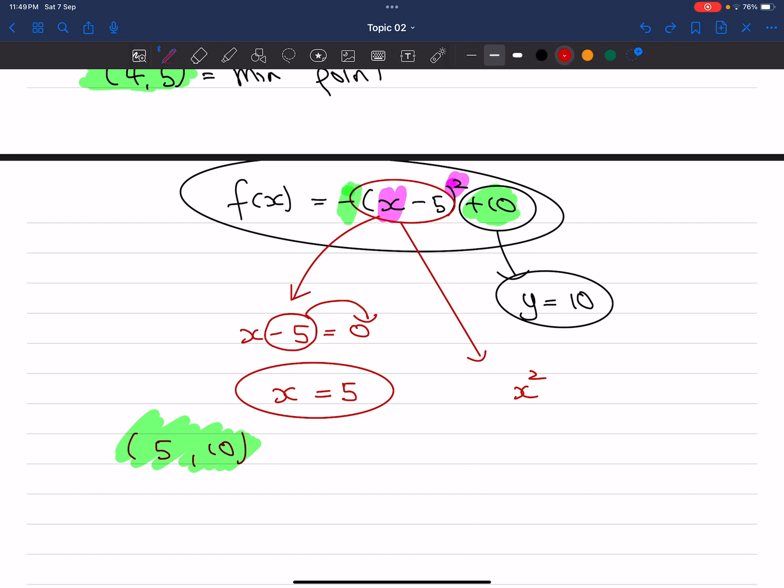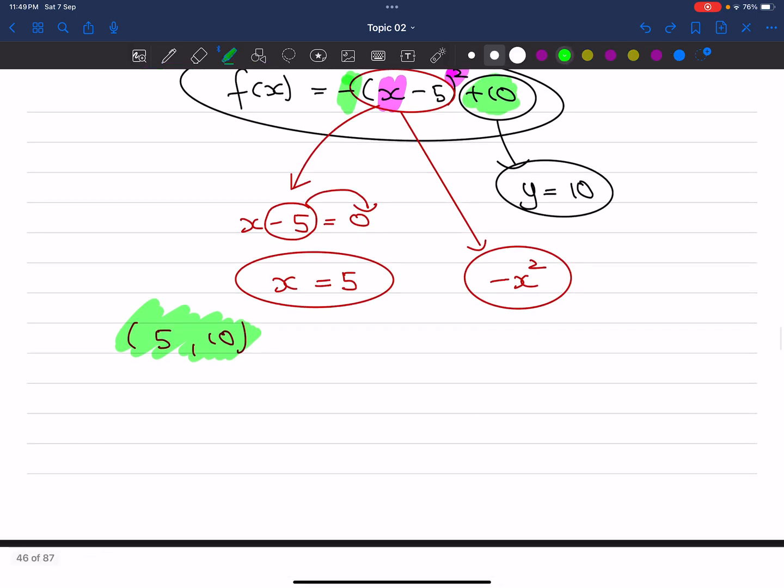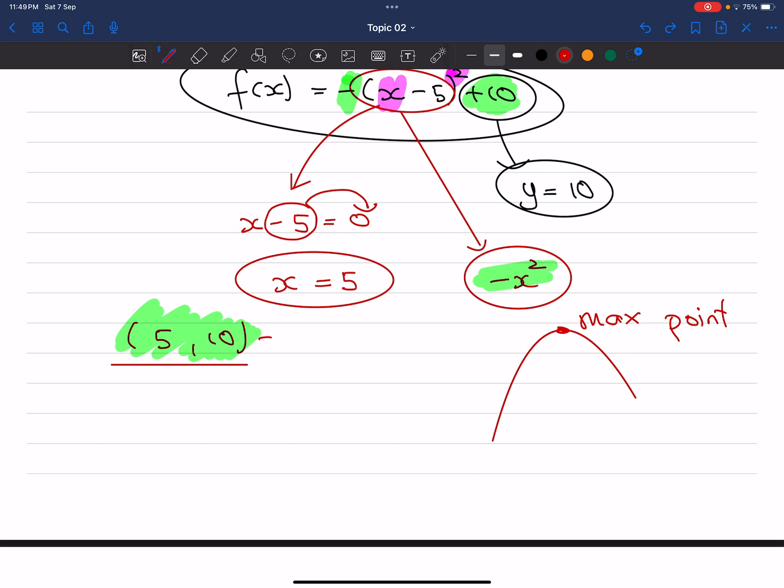So this becomes negative x squared. And we already learned that for negative x squared, the graph is N-shaped and it will have a maximum point. Therefore, the (5, 10) is the coordinate of a maximum point.